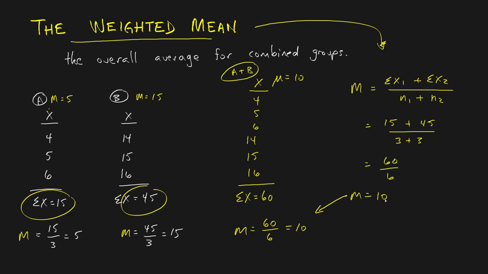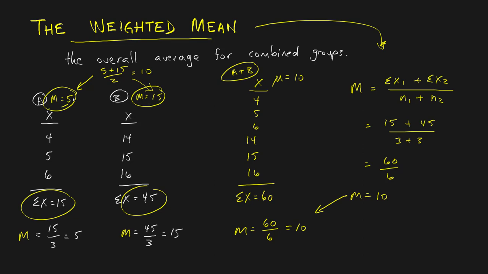Another way we could have done this in this particular case was to take the average of our 2 averages. The average of 5 and 15, 5 plus 15 divided by 2, also gives you 10. But this trick, even though it was really fast, won't always work.